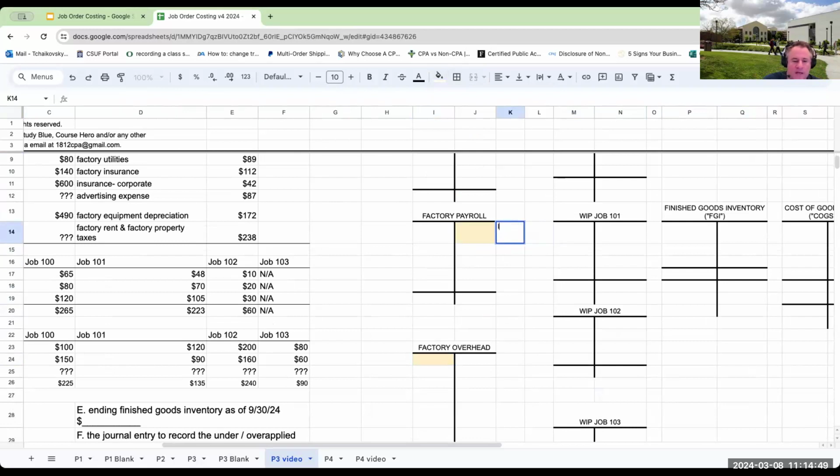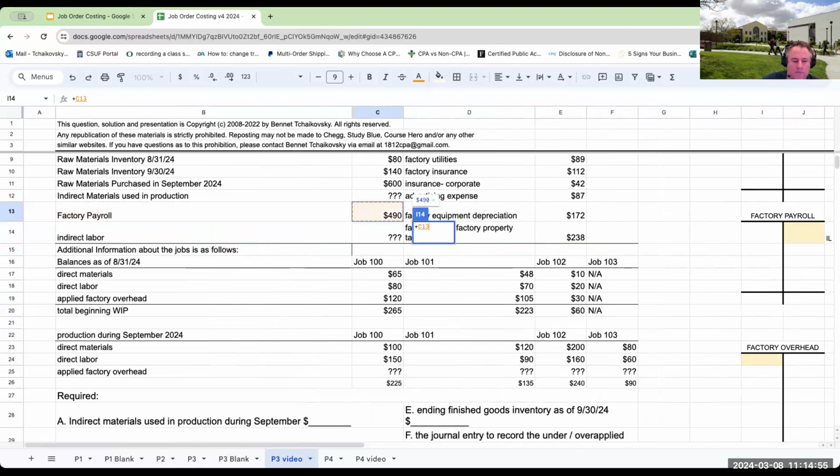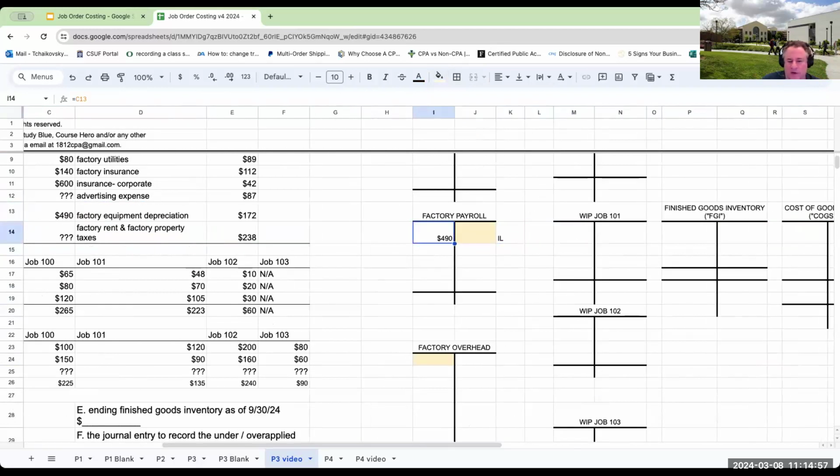We'll call this IL. This indirect labor is coming out of our factory payroll, which is over here at 490, and this is going to come down to our factory overhead, the amount of indirect labor. So that's going to be the same.